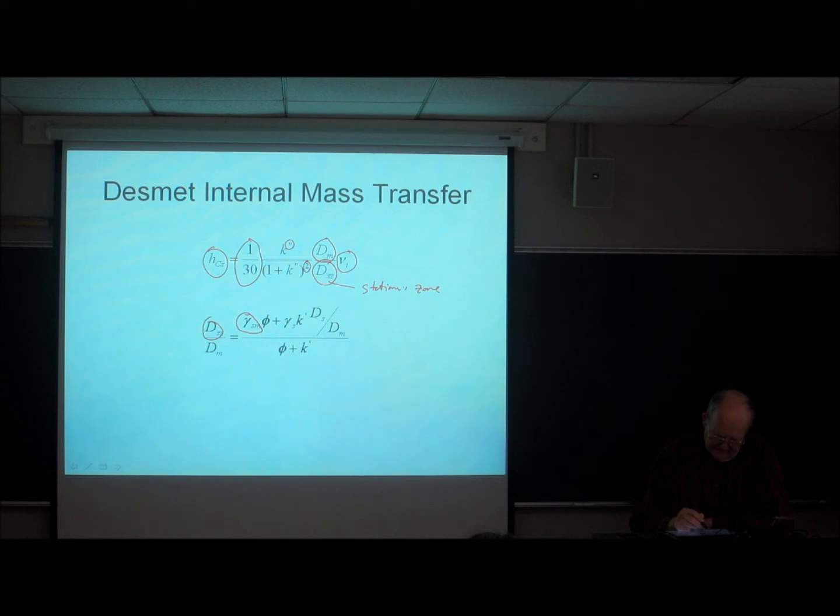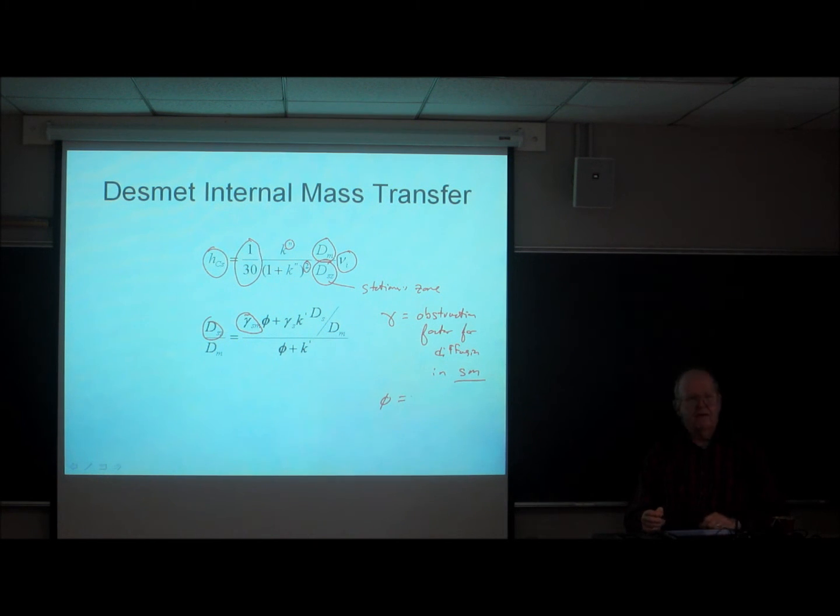Here's the obstruction factor for diffusion in the stagnated mobile phase. SM means stagnated mobile phase. Phi is the fraction of the pores that the analyte molecule can fit in, which means it goes from 0 to 1.